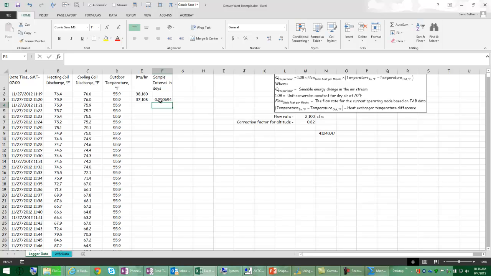And so then to convert that, okay. So we have this many BTUs per hour occurring for that fraction of a day. So I multiply this by 24 hours.